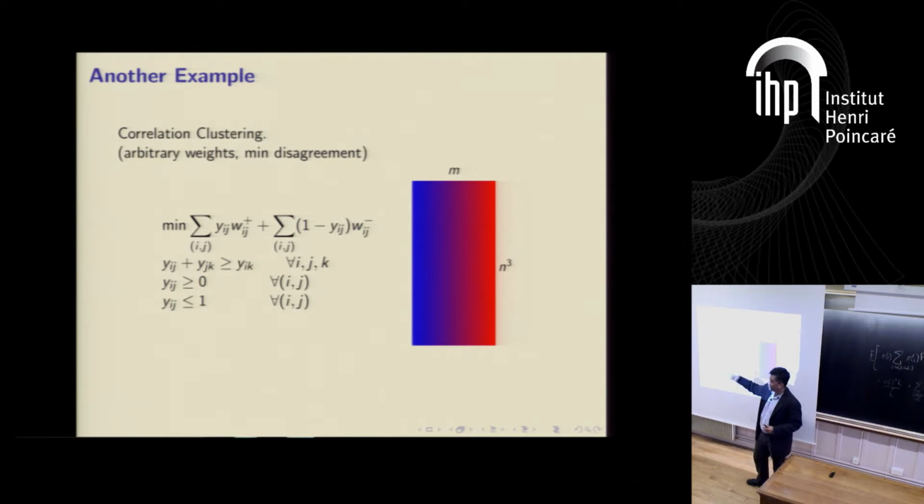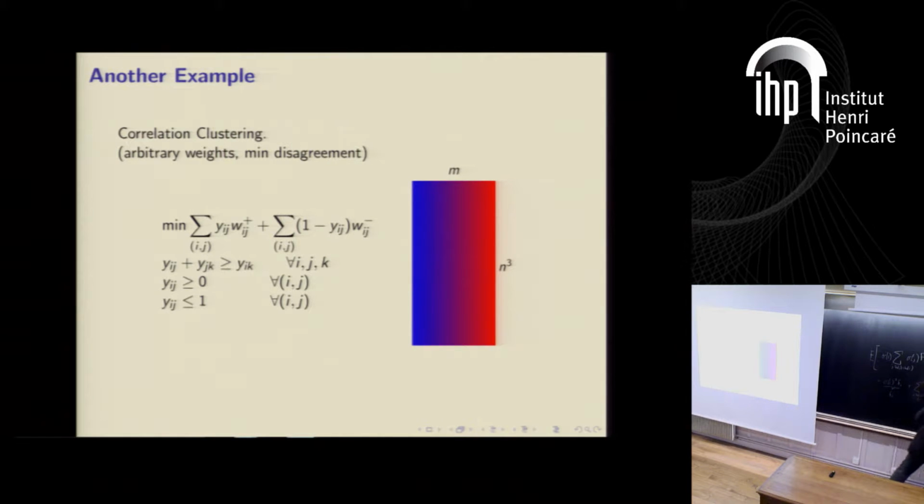If you look at every triple i, j, and k, the constraint you will write is, if I separate i and k, for any other point j, I must have j either with i or with k, or in a yet third cut. In all cases, at least one of these should be 1 if this one is 1. So these are known as triangle constraints. It's a very nice way of representing cuts.